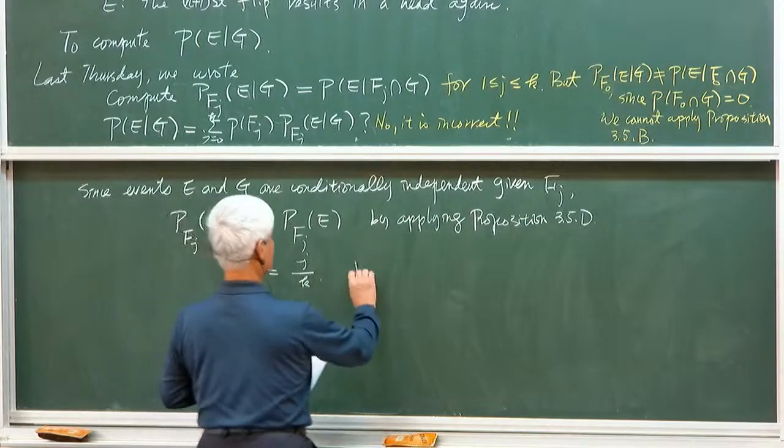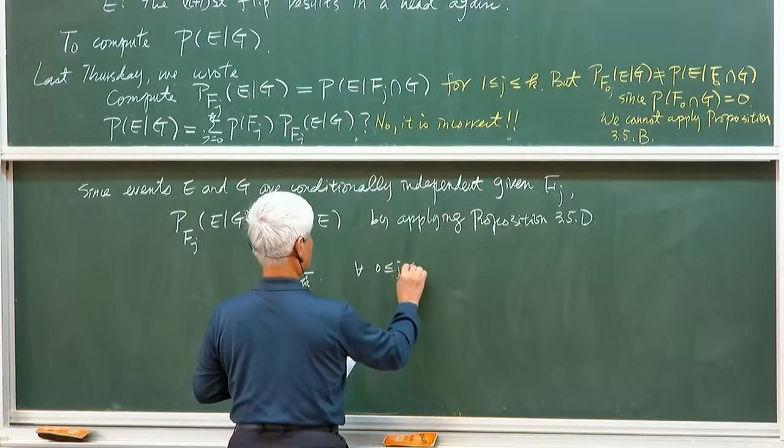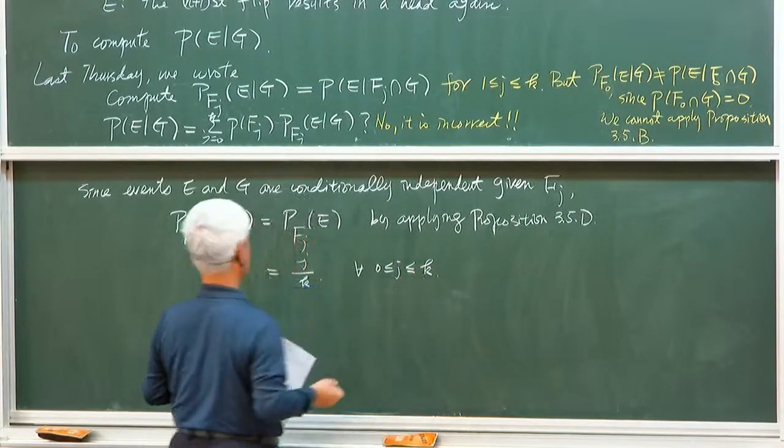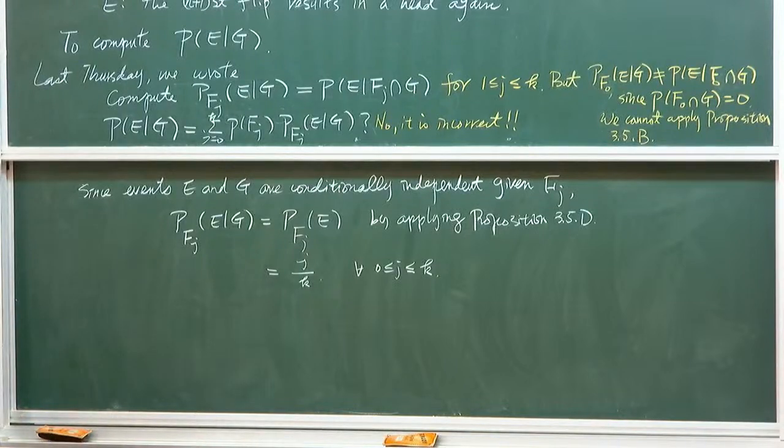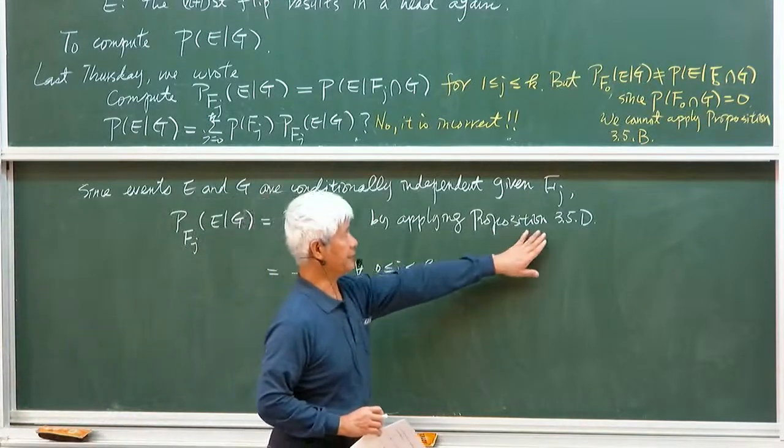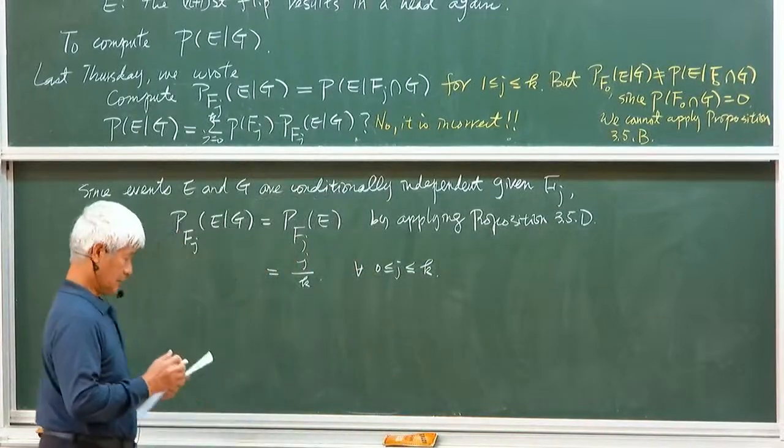All right. So this is good for every j. Okay, for every j. All right. So the argument is by applying proposition 3.5.d. Okay, directly.